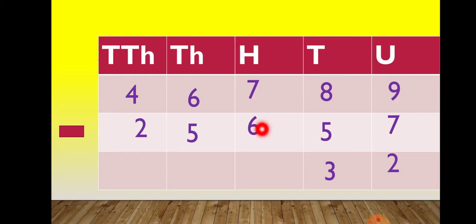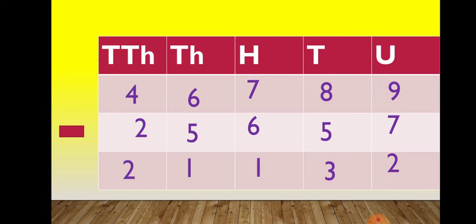Now subtract 600 from 700. How many remain? 100. Subtract 5,000 from 6,000. How many remain? 1,000. And last one, subtract 20,000 from 40,000.